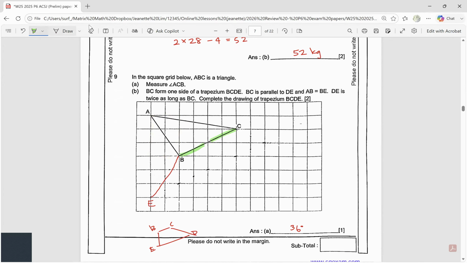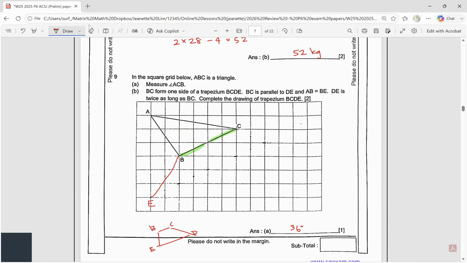So when I draw, I will do this. It cuts across 2 squares, and then 2 squares. That is equivalent to BC. Then I'll cut across another 2 squares and another 2 squares. So that's twice as long. So this will be D.